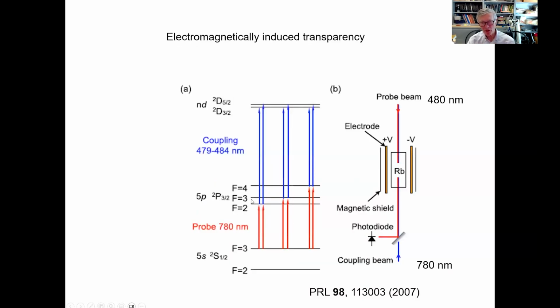There are several hyperfine levels I didn't show there, but what I would really like to show here is the apparatus. So the apparatus is a glass cell containing rubidium. It's about 1 inch in diameter and 4 inches long, and they, in fact, here have some shielding. But the important thing is that I send the 780 beam through it in one direction, and the 480 nanometer counterpropagating probe beam goes through the other way, and it's detected with a photodiode.